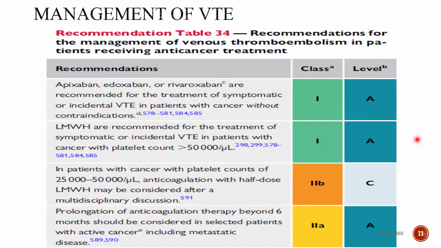In patients with cancer with platelet counts between 25,000 and 50,000 per microliter, anticoagulation with a half-dose low molecular weight heparin may be considered after a multidisciplinary discussion. Prolongation of anticoagulation therapy beyond 6 months should be considered in selected patients with active cancer, including metastatic disease.